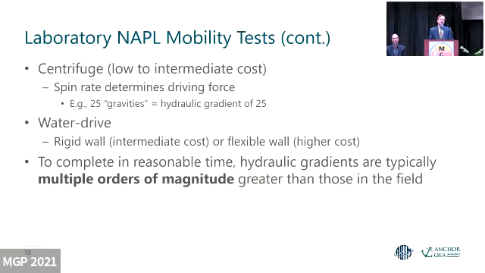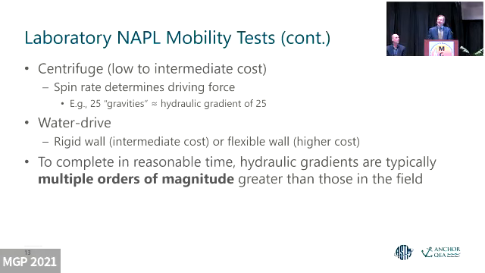But both types of tests typically apply driving forces that are orders of magnitude stronger than the driving forces that exist in the field. And that is done so that the tests can be completed within a reasonable period of time.